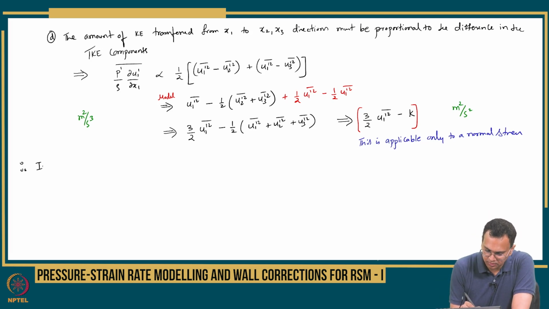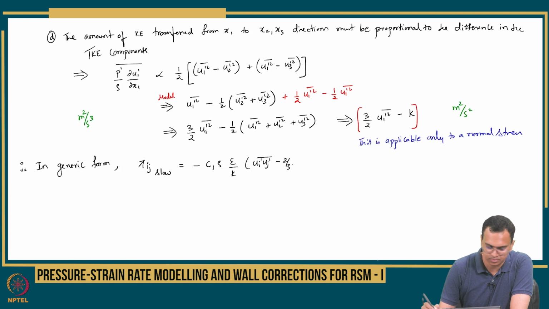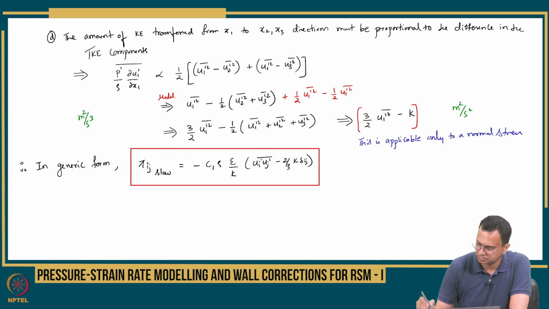Therefore, in generic form, the model will look like pi ij slow will be minus C1 rho epsilon by k coming for the time scale part, and the Reynolds stresses, which is ui prime uj prime average minus 2/3 k delta ij. So this is your pi ij slow term model.